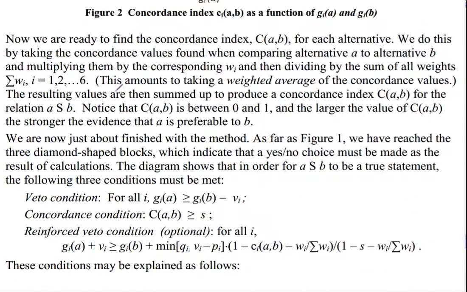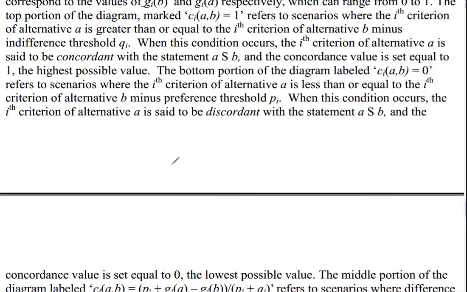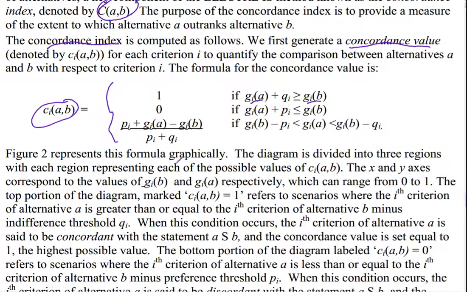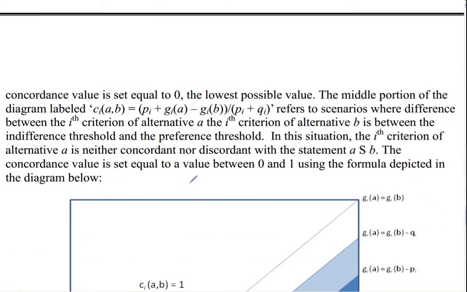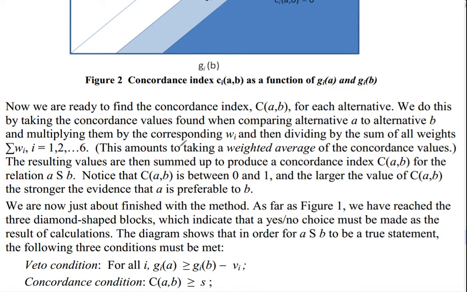I should probably write down this formula for CAB explicitly. I'm not sure if it's here somewhere, but here's what it says. We take the concordance values found when comparing alternative A to alternative B, multiply them by the corresponding weights, and divide by the sum of all weights.